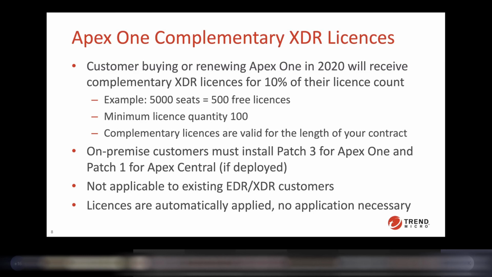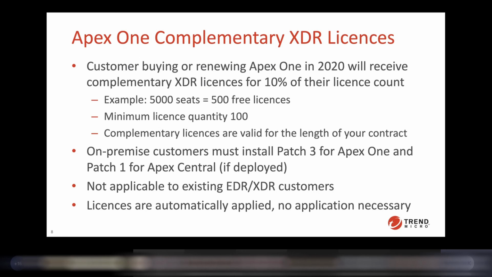So all the Apex One customers, almost all of them, are eligible. The minimum license is 100, and the customer gets these 10% of the license count, but not less than 50 licenses. So this is the smallest amount.